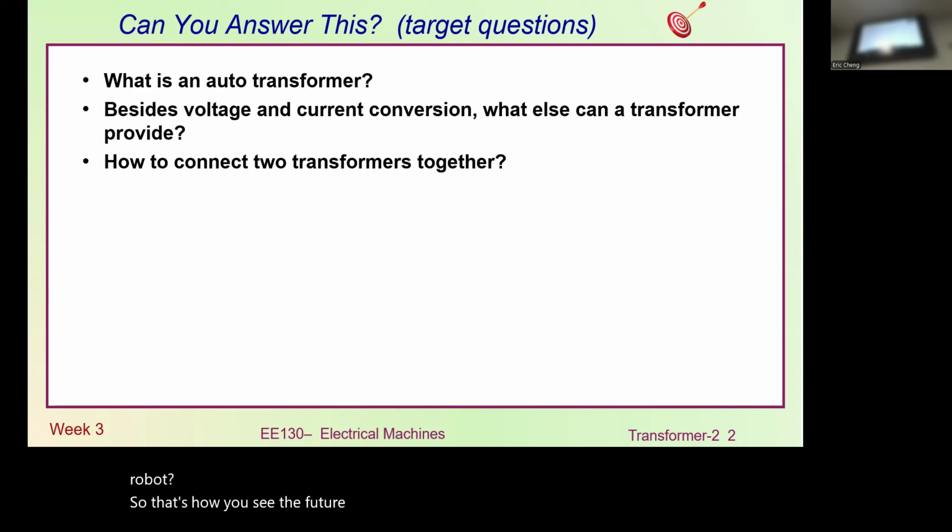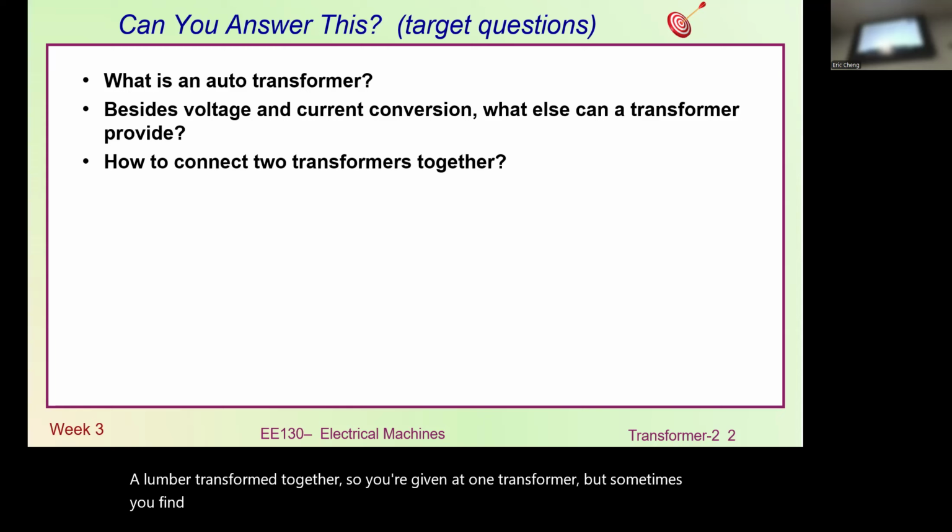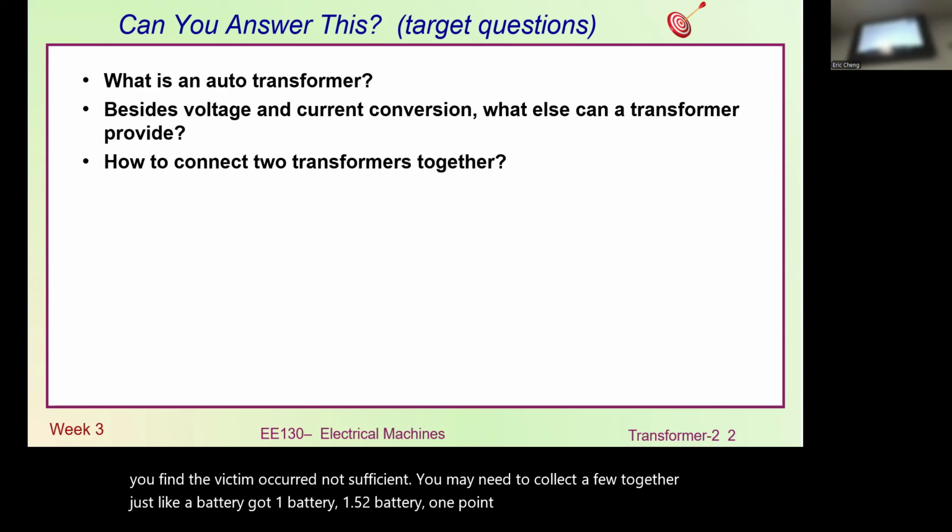But anyway, come back to here. Besides the voltage and current conversion for a transformer, what else can a transformer do? How do we connect a number of transformers together? You're given one transformer, but sometimes we find the voltage and current not sufficient. You may need to connect a few together. Just like batteries, one battery of 1.5 volts plus another 1.5 volts adding together become 3 volts.